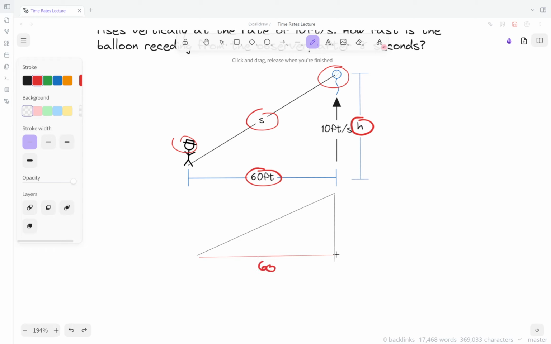So let's label this 60. I messed up the color, but let's just go on. You have 60, h, and then s. That's a right triangle right there.